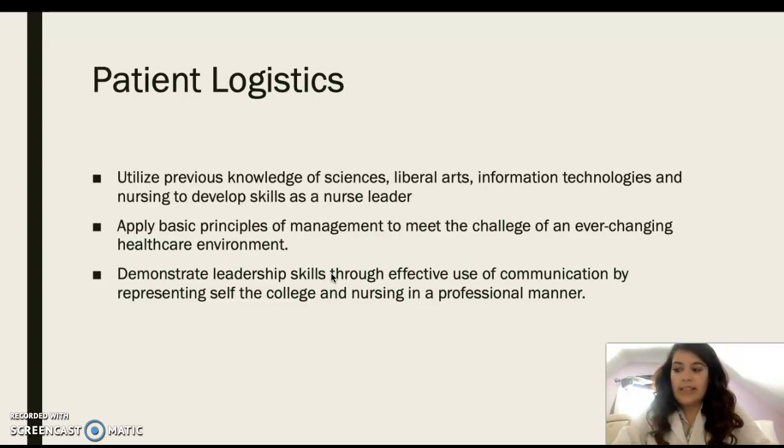For patient logistics, this experience was actually a lot cooler than I thought it was going to be. When you work in the hospital, you don't really realize how much goes into it. So for patient logistics, I got some insight on exactly how important it is to have this department.